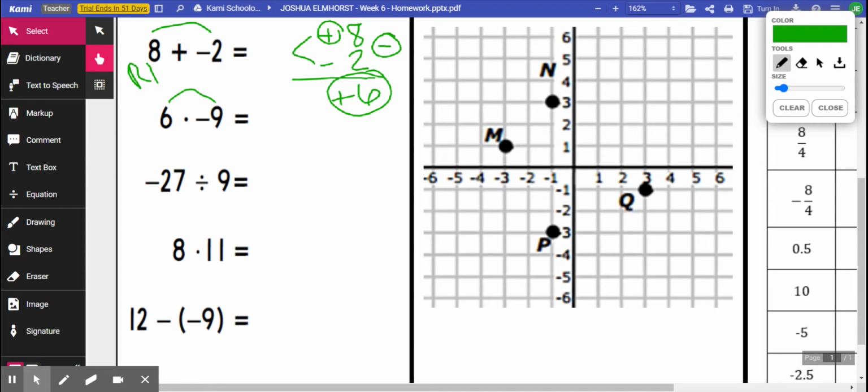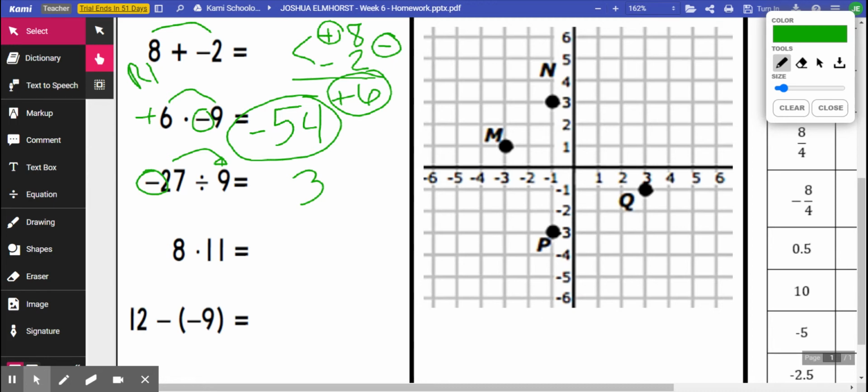So 6 times 9. 6 times 9 using your multiplication chart is going to be 54. And you only have one negative here in the multiplication process. So multiplying, you have 6 groups of negatives, you're still going to have negative groups. 27 divided by 9 is going to give you 3.